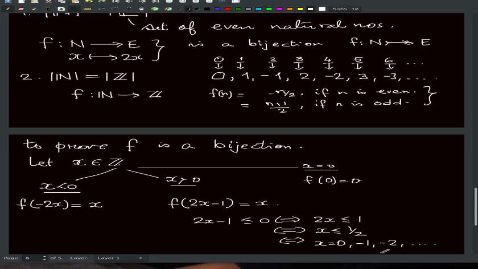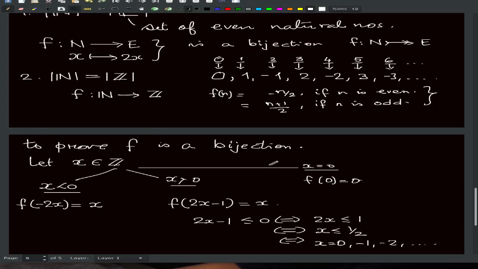It's always positive, right? So therefore, you have exactly 3 cases: x is negative, x is positive, and x is 0. And in each case, you have produced this bijection. Okay?